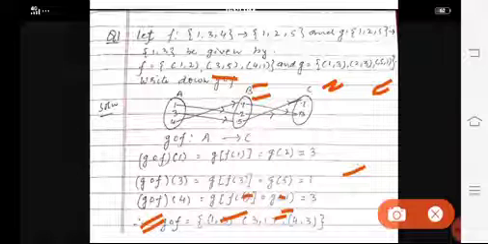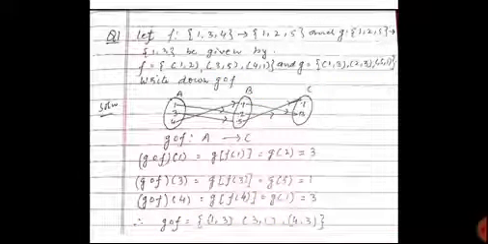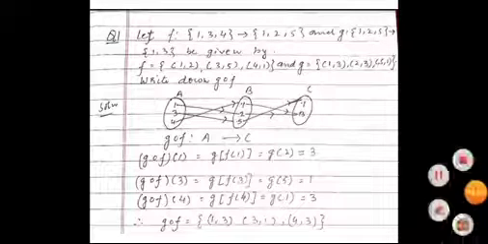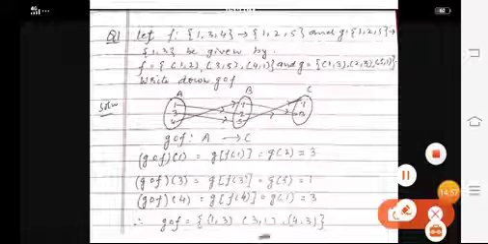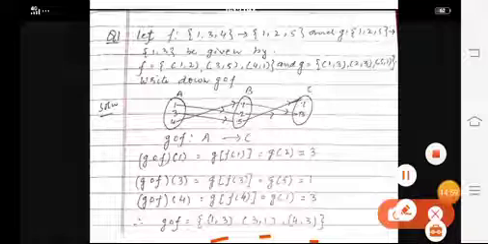Okay, so under the function F composite G, elements of the set A are associated. 1 is associated with 3, and 3 is associated with 1, and 4 is associated with what? 3. So F composite G will consist of the ordered pairs (1, 3), (3, 1), and (4, 3).